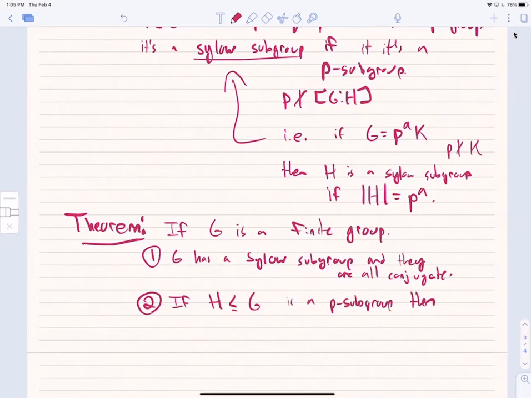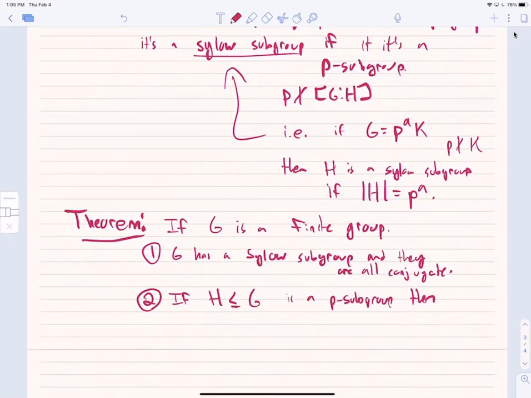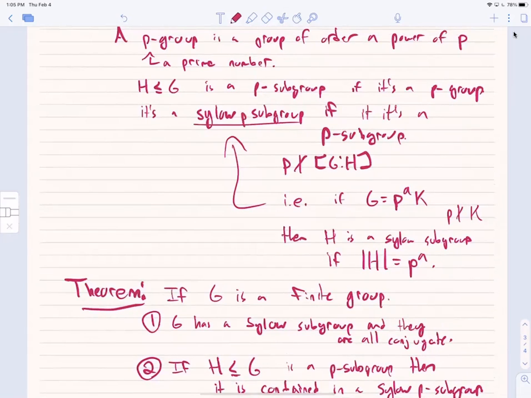So if H is a P subgroup, then it is contained in a Sylow subgroup. And it really should be a Sylow P subgroup. Sorry, I should have said that everywhere up here, because of course this depends on P.